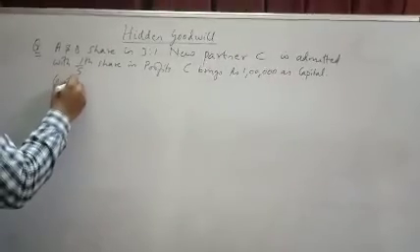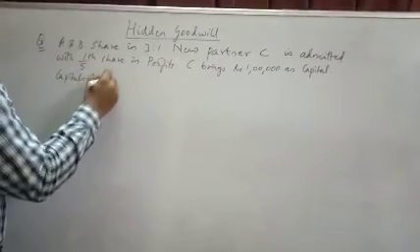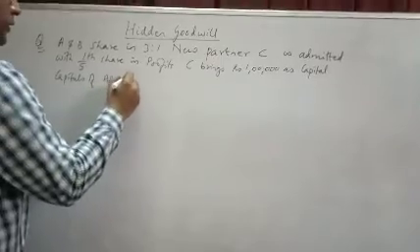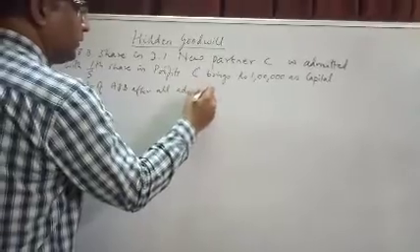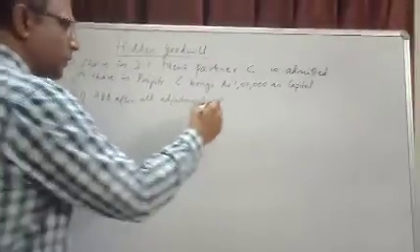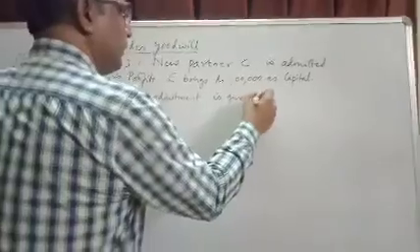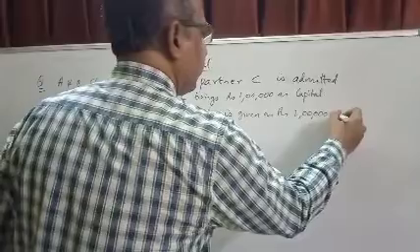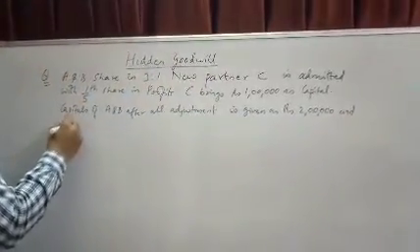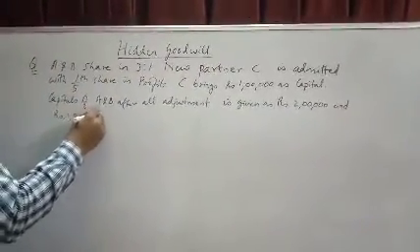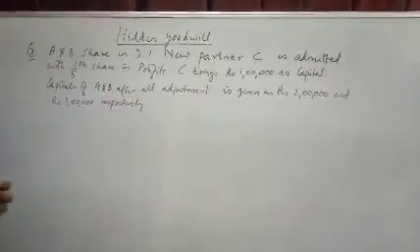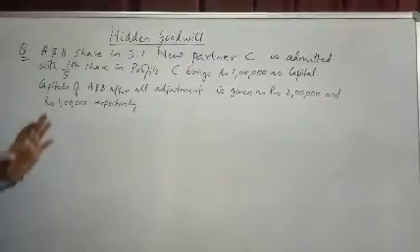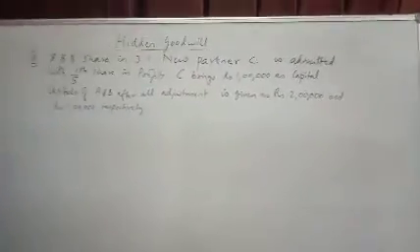Capitals of A and B after all adjustment is given as rupees 2 lakh and rupees 1 lakh respectively. There is no other information given in the question.